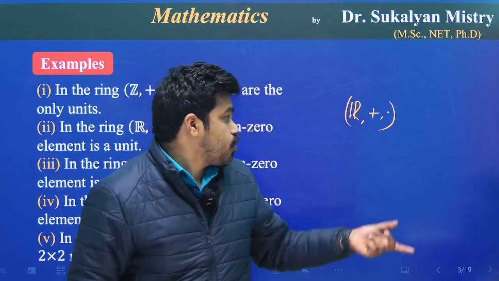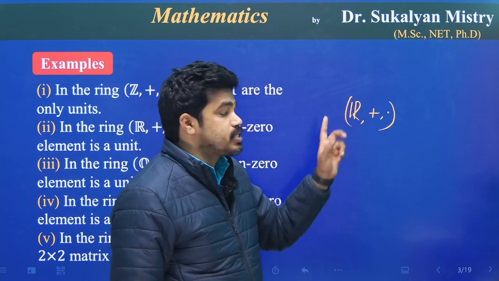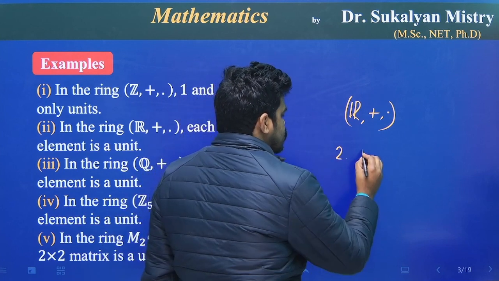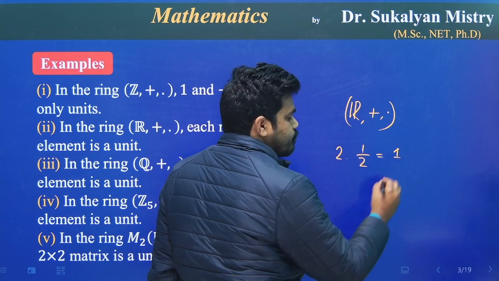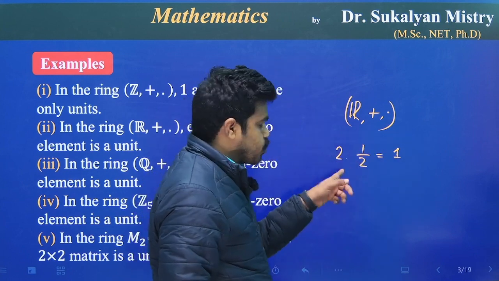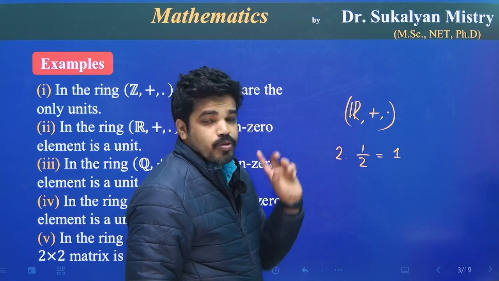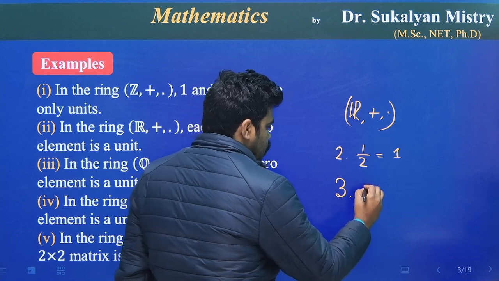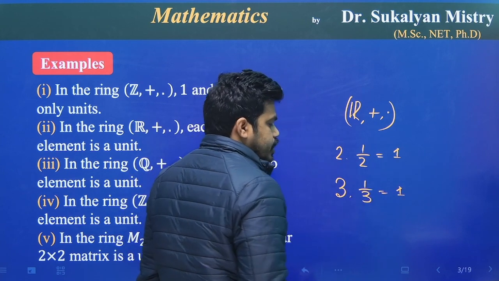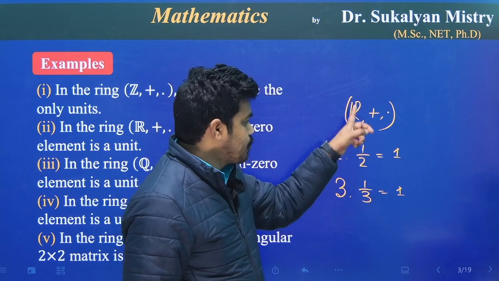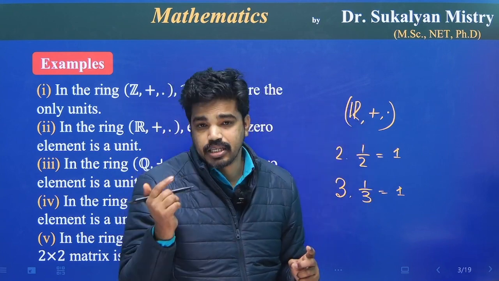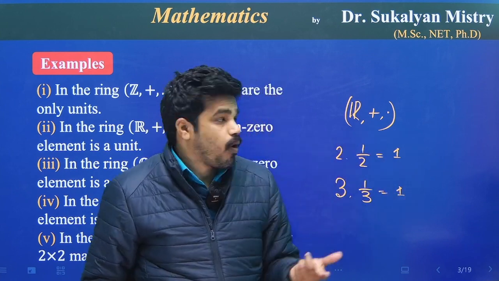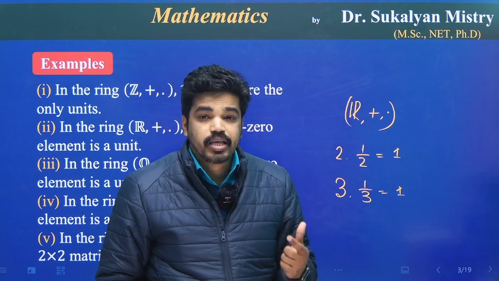Every non-zero element of this ring are unit elements, ঠিক, suppose 2 inverse, 2 into 1 by 2, that is identity element 1. 2 এর ইনভার্স হচ্ছে 1 by 2, so 2 এর ইনভার্স এক্সিস্ট করছে, 1 by 2 belongs to R, ঠিক। Similarly if we consider the element 3, ঠিক, so 3 dot 1 by 3, that is 1, ঠিক আছে, so 3 inverse 1 by 3 belongs to R, so একমাত্র 0 এর কোনো ইনভার্স এক্সিস্ট করবে না, 1 by 0 does not exist, so every non-zero element of the ring R is a unit element.